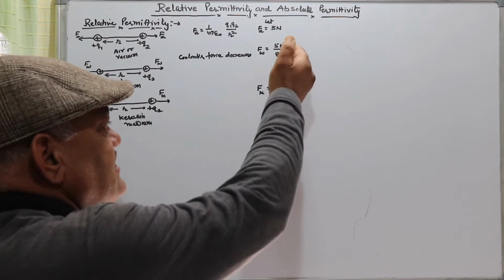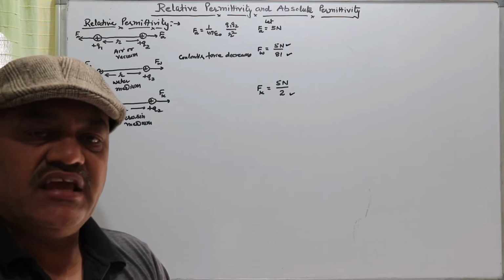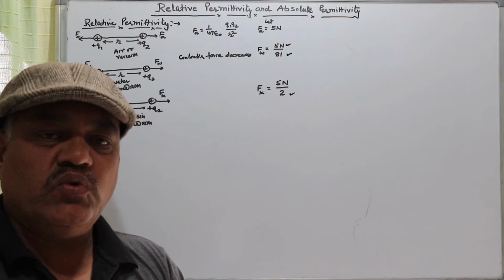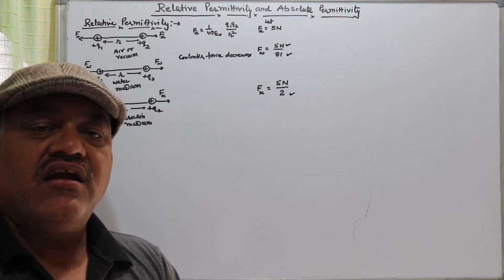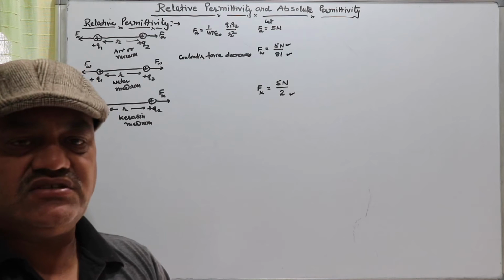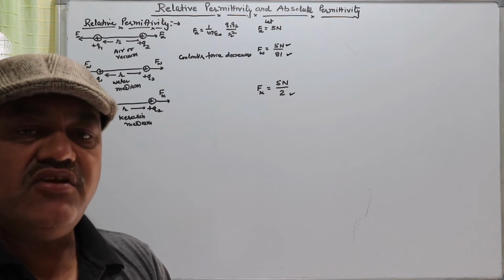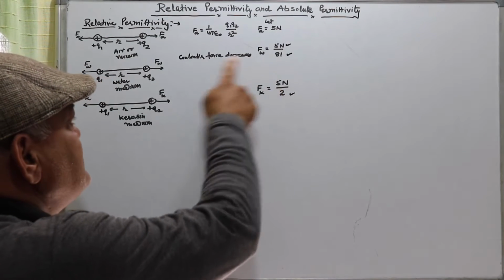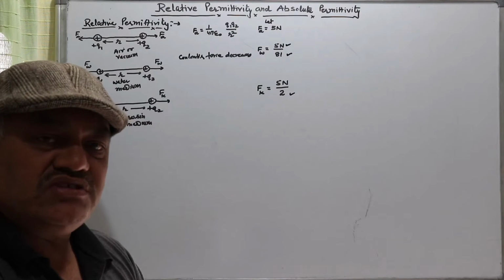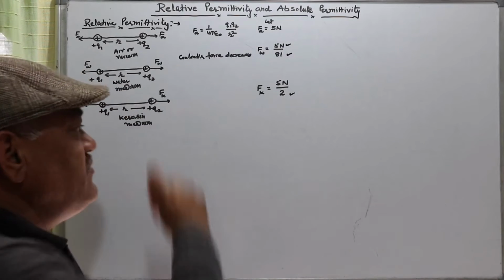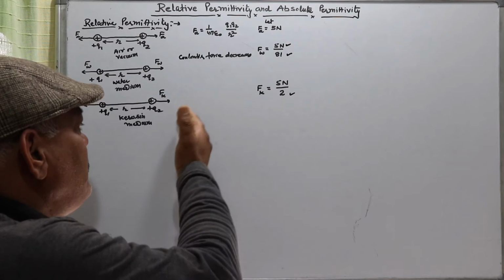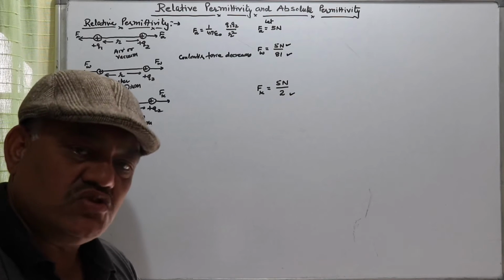And these two numbers, 81 and 2, are constant for a particular medium. 81 remains constant for the water medium and 2 is for the kerosene medium, it is also constant.